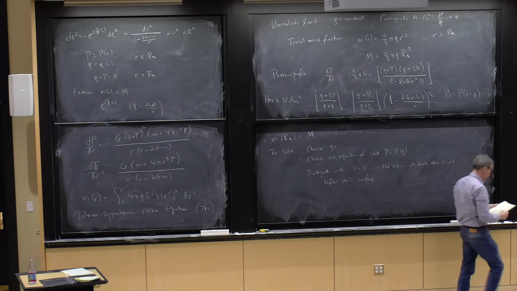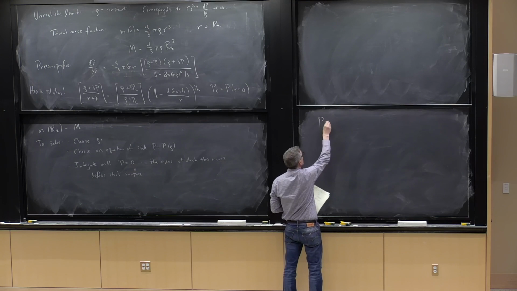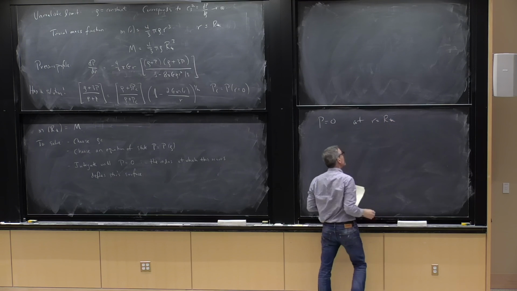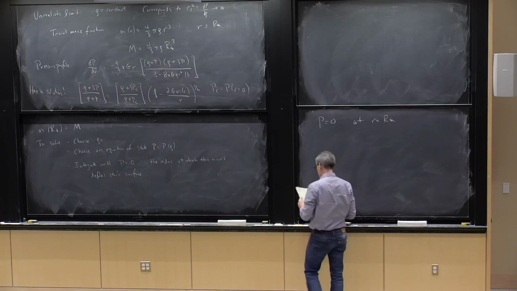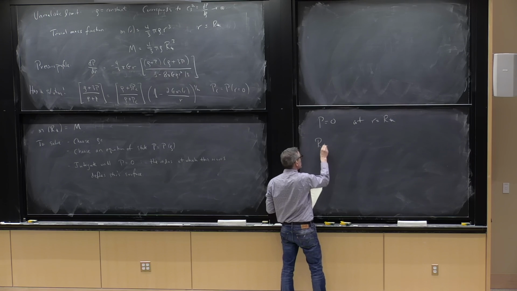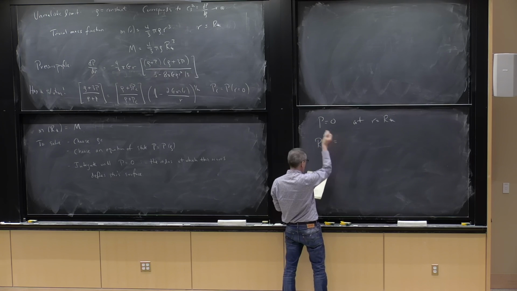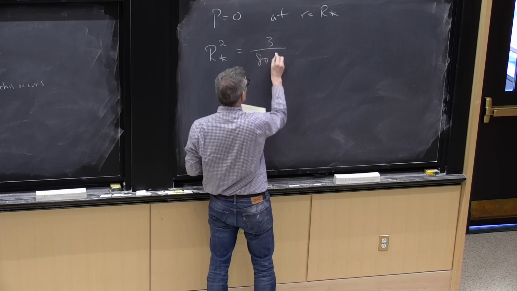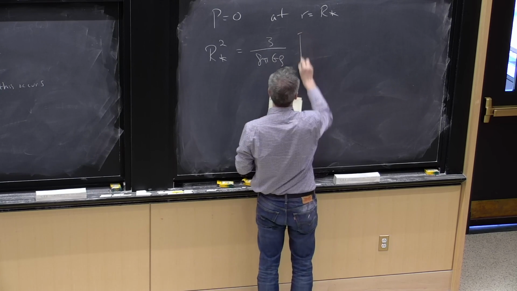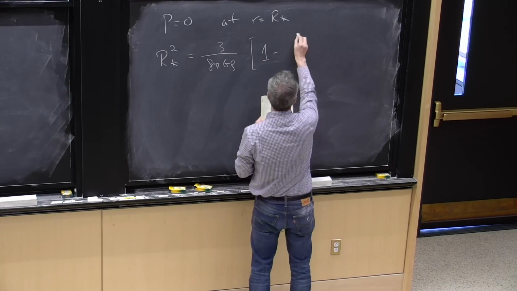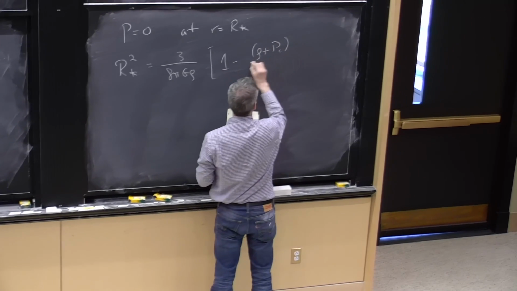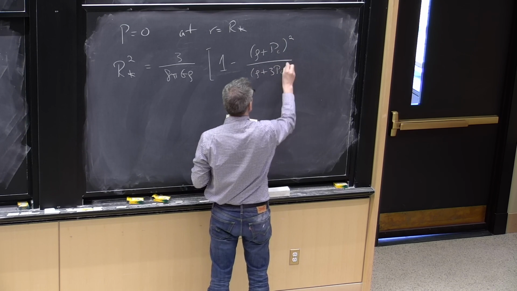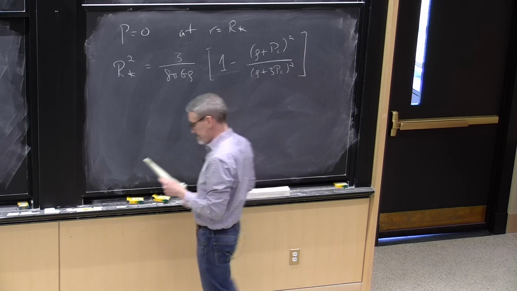Let's just do a little analysis that follows from this. So P equals 0 at r equals r star. That defines the surface. Putting all that together, you can manipulate this equation to find that the radius of the star is determined from the central pressure, like so.